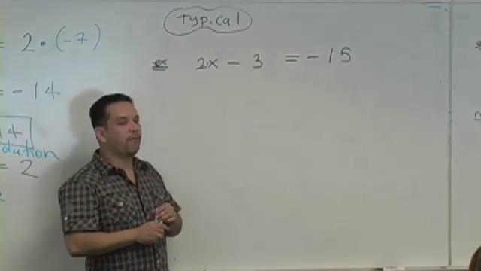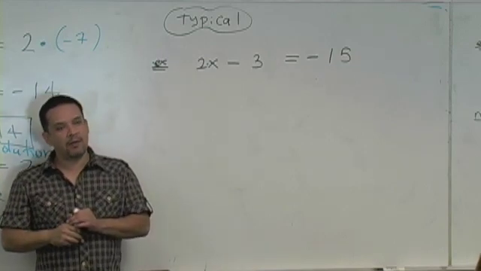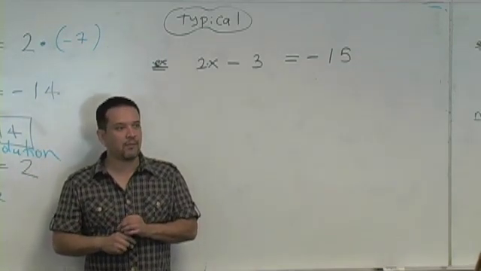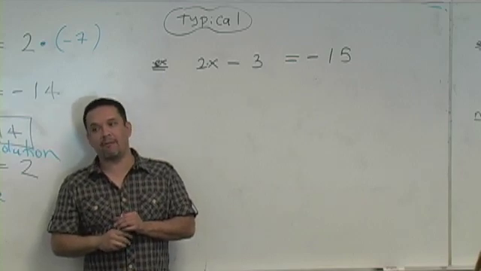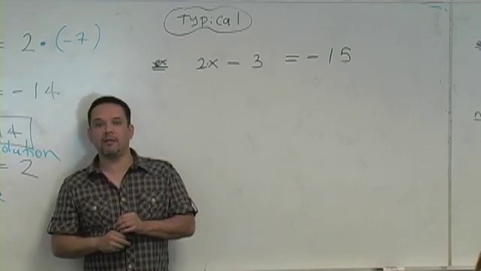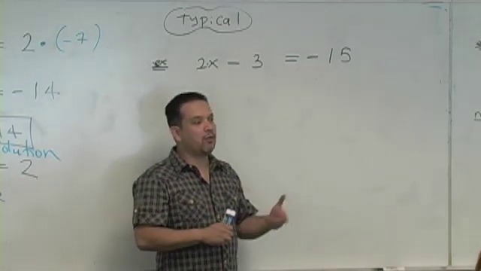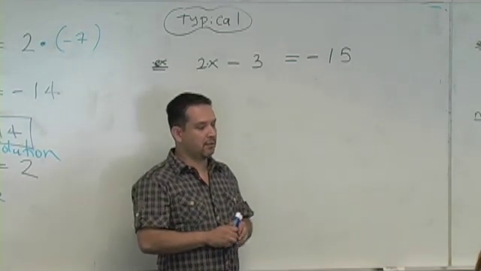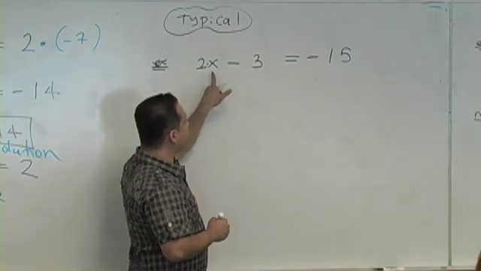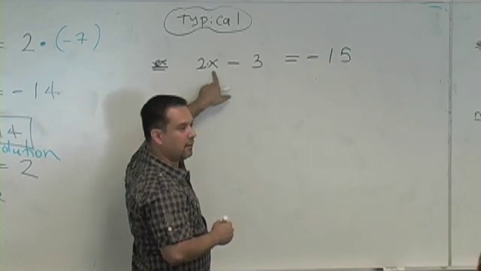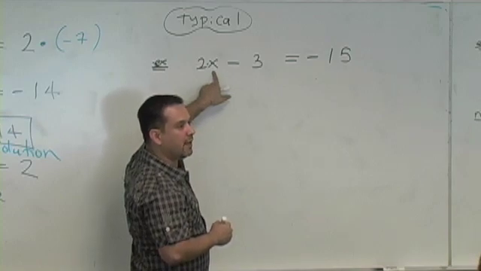What do you do first? Does anybody know? The real answer is it doesn't matter. But one approach is a lot better than the other, meaning there's less tedious work. What do you want to do first then with this? You can't isolate x in one step.